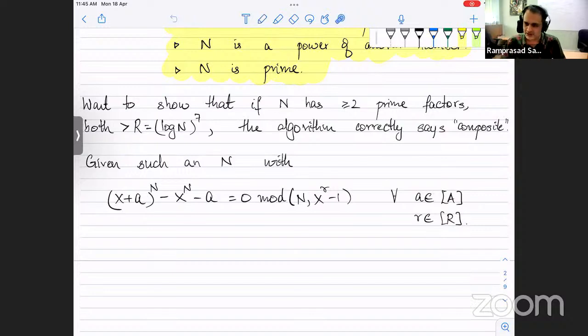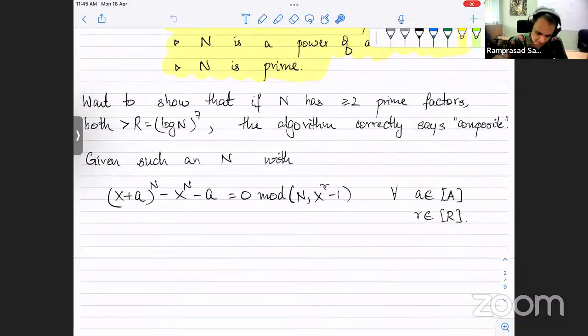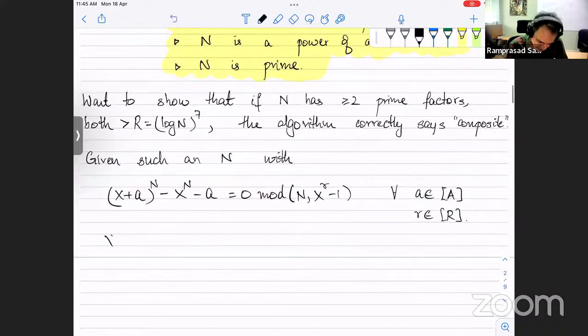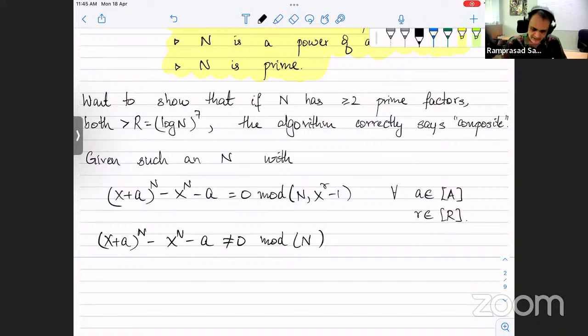Suppose n was a composite number. We know for a fact that this polynomial, (x plus a) to the power n minus x to the power n minus a, is not equal to 0 mod just n. That is, if I hadn't gone mod x^r minus 1, then I know for a fact that this is a non-zero polynomial.